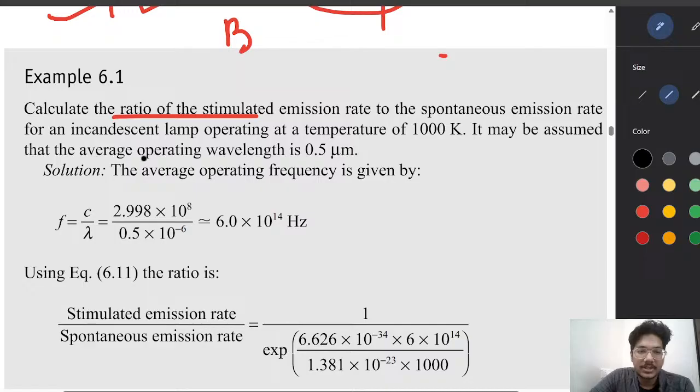In this case our temperature is given and the wavelength is given. So we know the formula of the stimulated by the spontaneous.